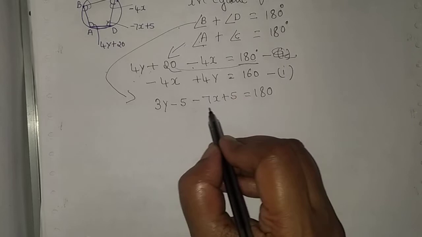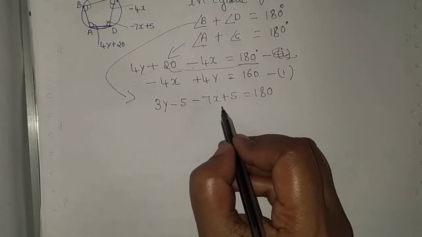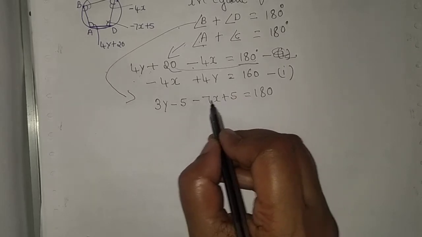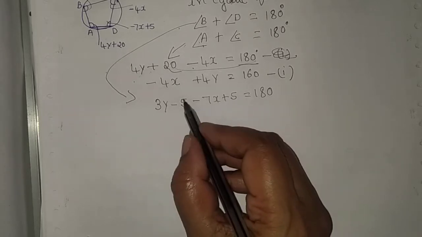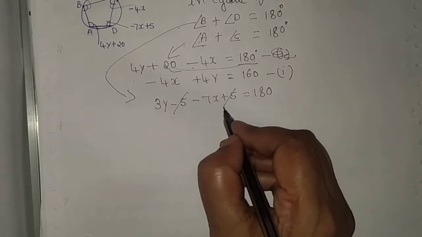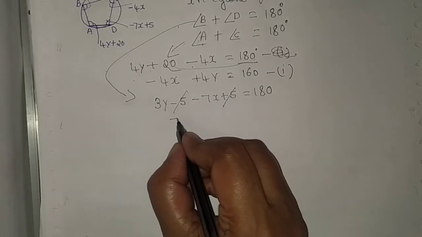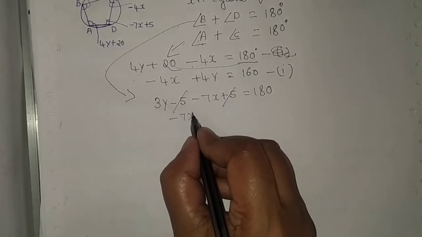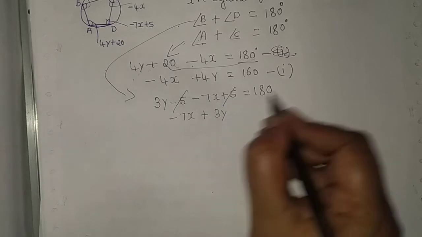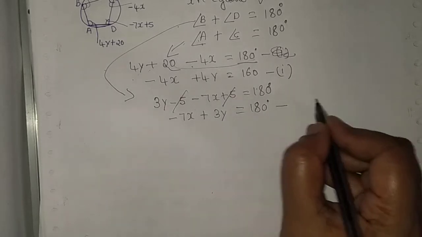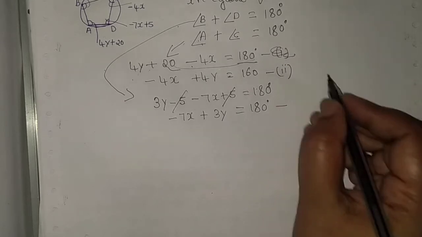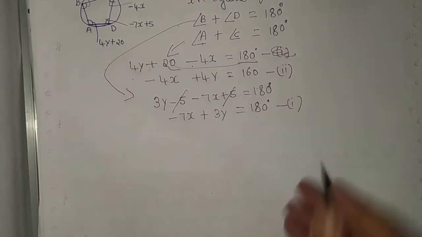Now we have to simplify this: 3y minus 5 minus 7x plus 5, the minus 5 plus 5 cancels. Now we get minus 7x plus 3y is equal to 180 degrees. This will be the second equation, and that is the first equation.